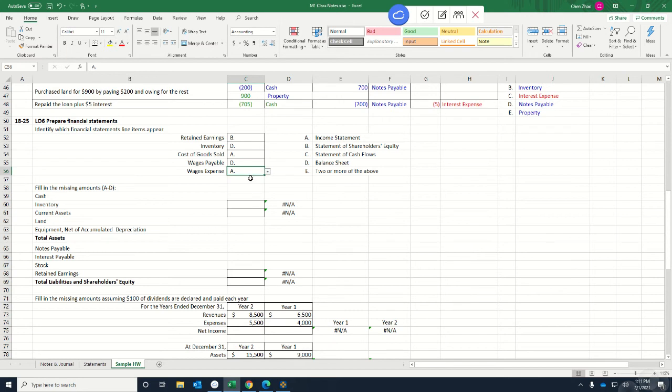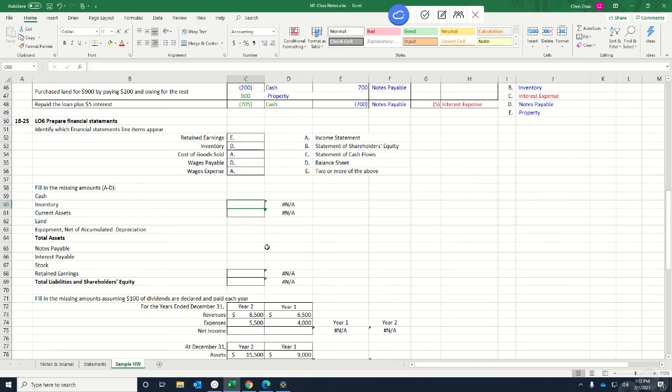Usually we just say it's A. Okay. Oh, I'm sorry. Actually, this one is E. Retained earnings. Retained earnings are on two statements. Do you know which are those? One is shareholders' equity statement, and the other one is, what is that? Balance sheet. Very good. Balance sheet. Okay.